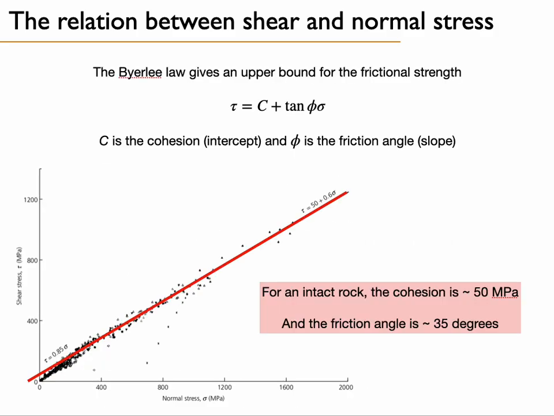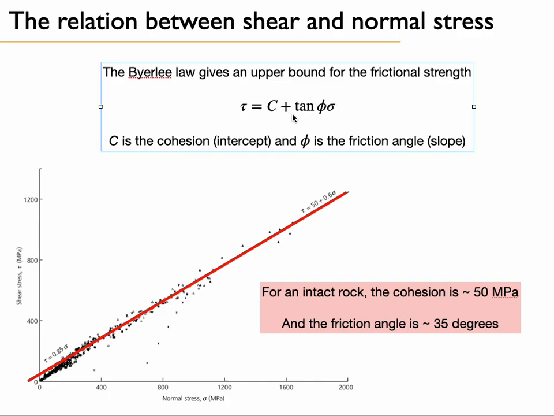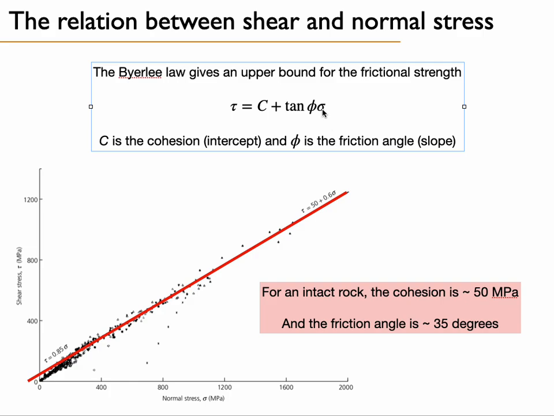So here you see one expression is that tau, the shear stress, is equal to C plus tangent phi times sigma, where sigma here is the normal stress. So C will be the constant, the intersect of the line, the red line with the vertical axis.